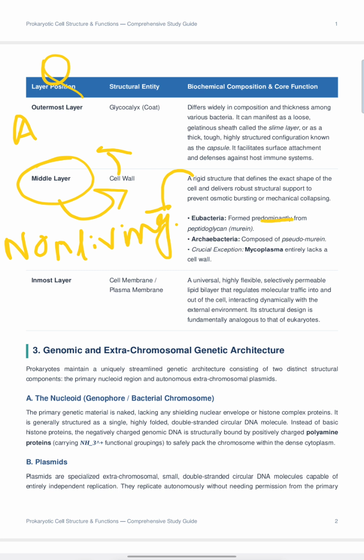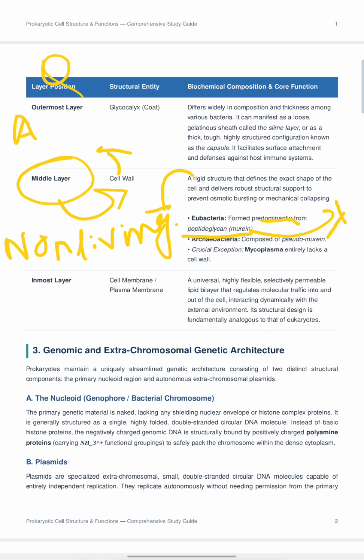In bacteria, the cell wall is predominantly made up of peptidoglycan. Archaebacteria: their cell wall is composed of pseudomurein.